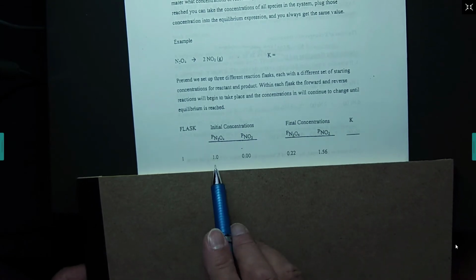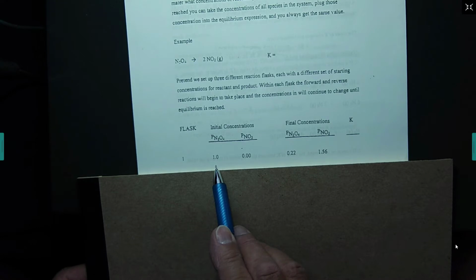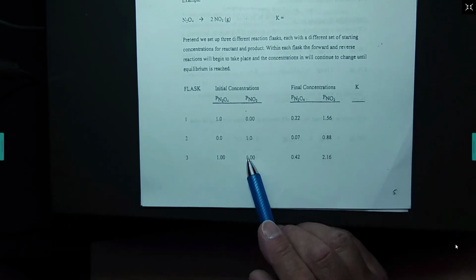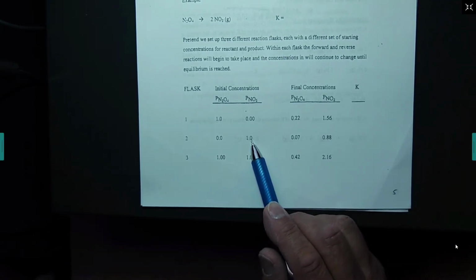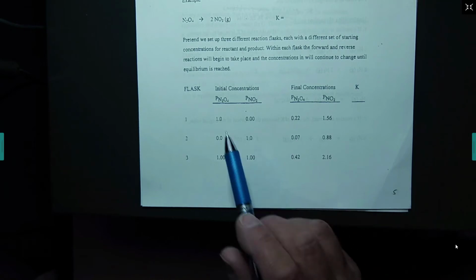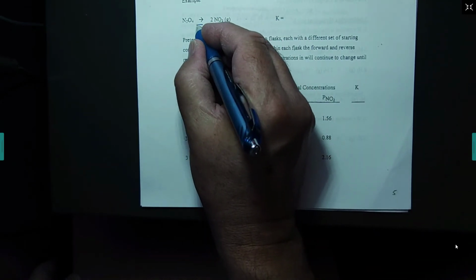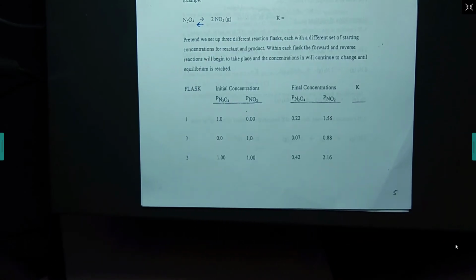Okay, well, what if we did just the opposite? Instead of starting with pure N2O4, we start with pure NO2 in our flask. So that would be this second case here. Some of that NO2 is going to react, giving us N2O4. That should have an equilibrium arrow.